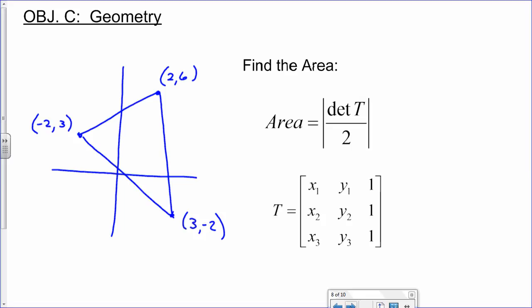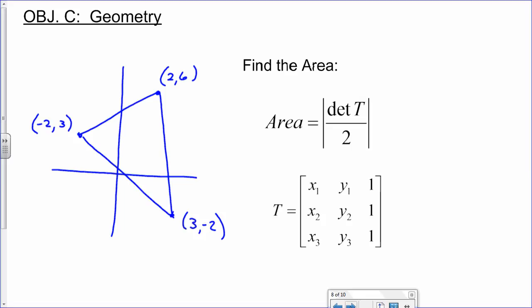And I can do this with a matrix a lot easier than I could do without the matrix. So this is a non-right triangle. So I can't just use the distance formula or the Pythagorean theorem. It also does not give me the height. So you know, if you find the area of a triangle normally, it's base times height divided by 2.